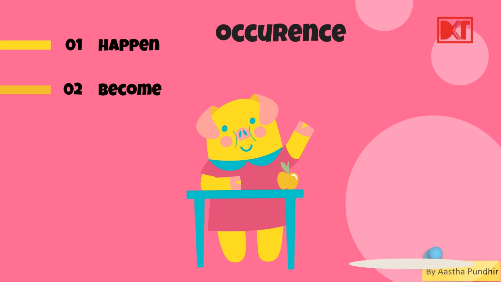Here we have occurrence. Now happen, become. Happen means something that takes place, which means something that occurs. Right? So happen is a word that shows some kind of occurrence. And become as well. Become is used for a person, or when someone turns into somebody, being recognized for something.